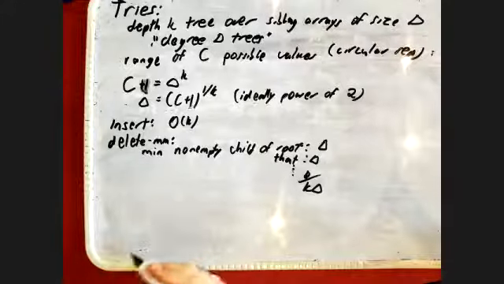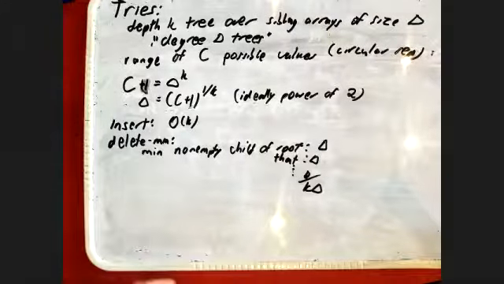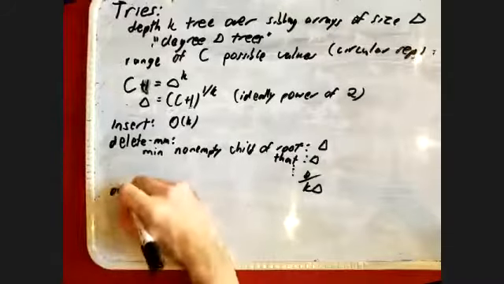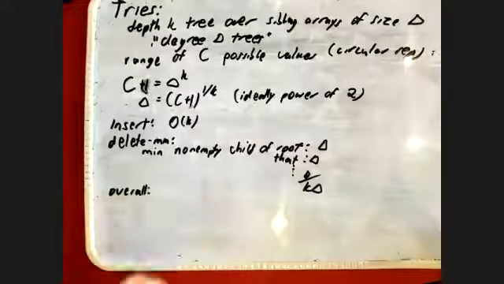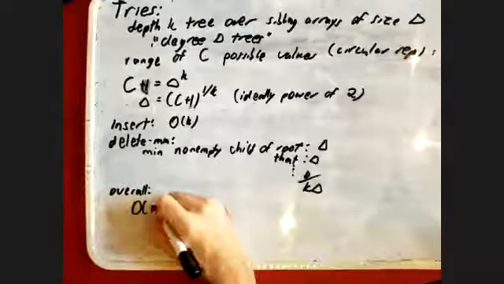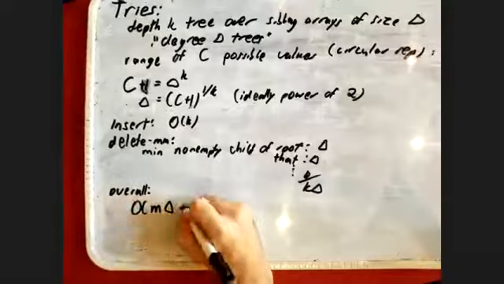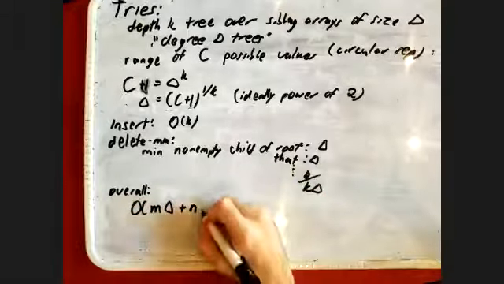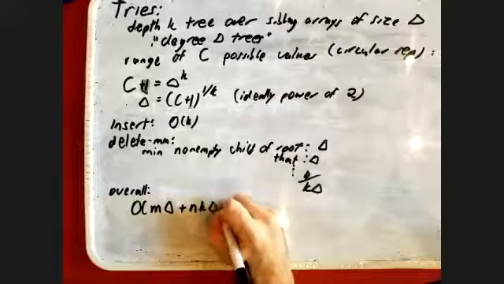Okay. So now if we take that back to our shortest path application, right? Our overall runtime is going to be the time for m inserts and deletes. So that's m delta, plus n delete mins, and each of those are going to cost me k delta.